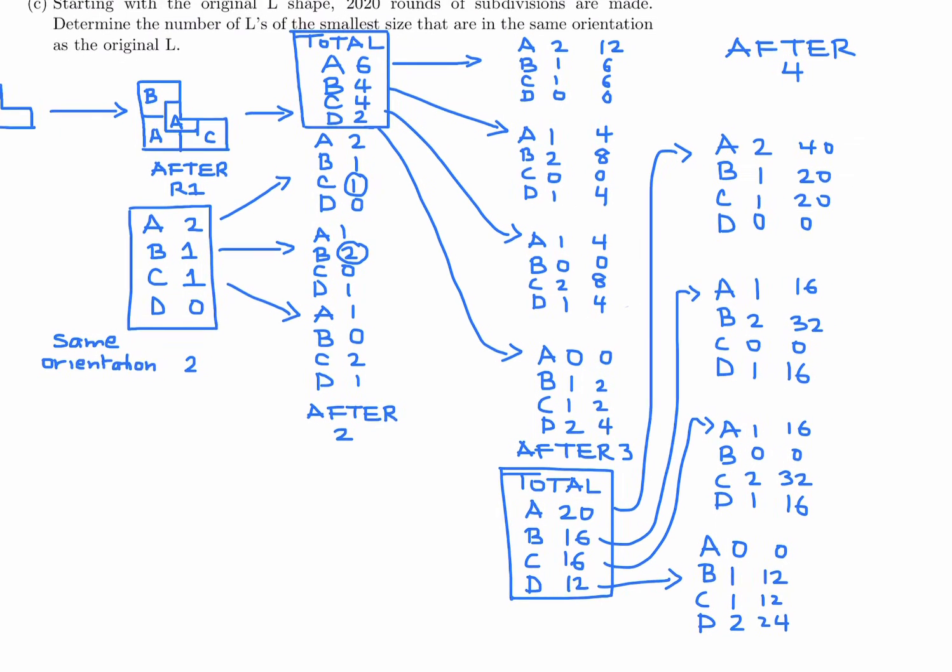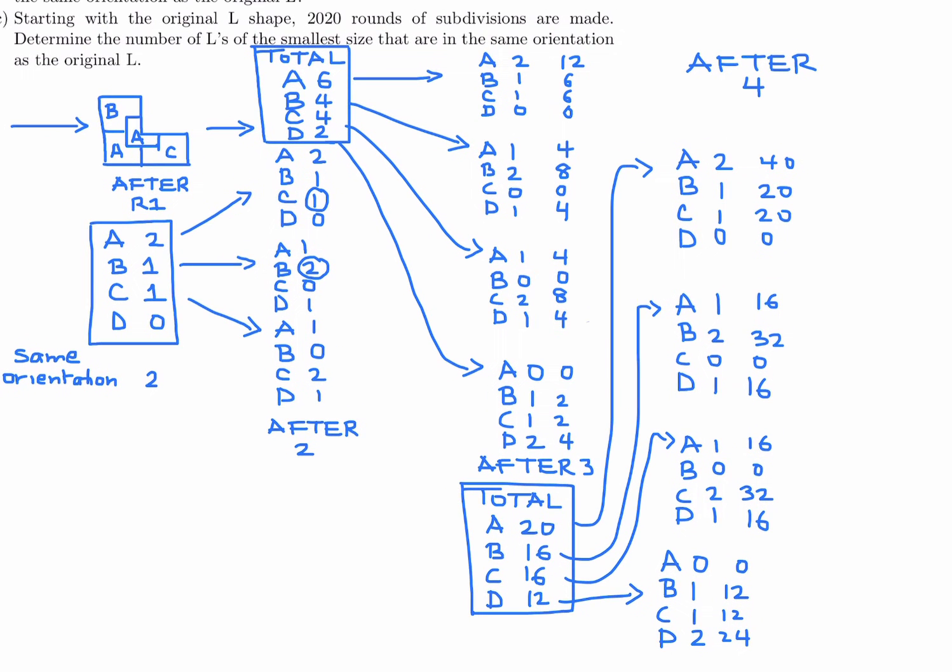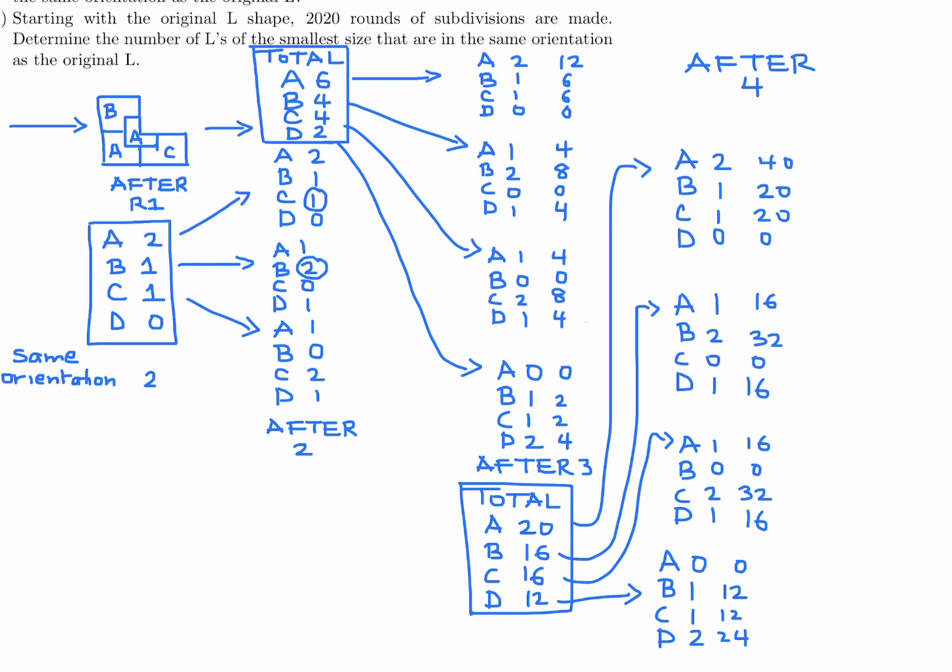Okay, now let's get the totals. So the total after round 4, A, B, C, D. Let's add this up. So we got 40, 16, 16. That is 72. And then for B, 20, 32, and 12.